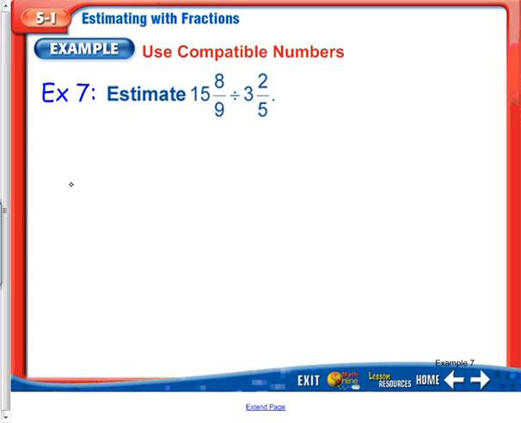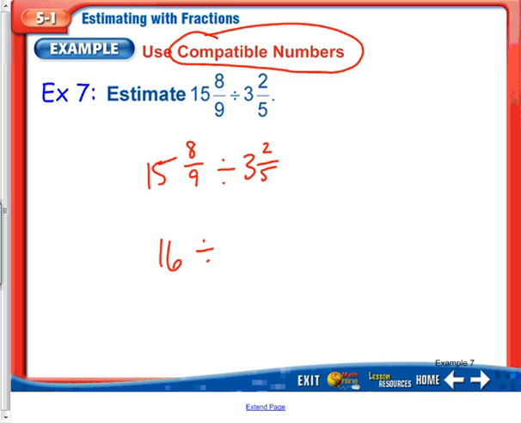For example 7, we'll copy the problem, 15 and 8/9 divided by 3 2/5. Okay, so 15 and 8/9 is really close to 16, so let's just make it a 16. And we're going to divide by 3 2/5. I would normally round this down to 3, but 16 is not divisible by 3, and remember, we want to use compatible numbers.